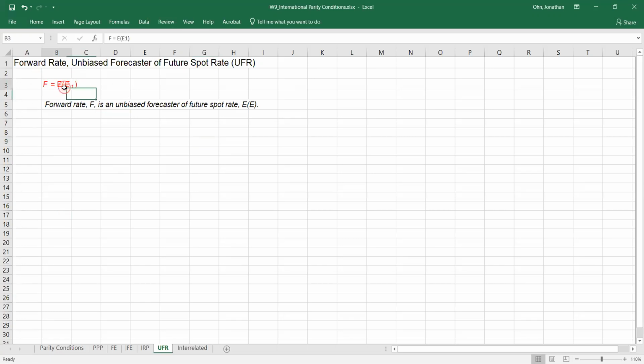So that totally makes sense. The forward rate is determined based on the best expectation of the bank dealers. So it is provided by banks, right?